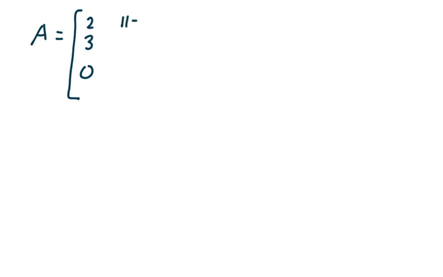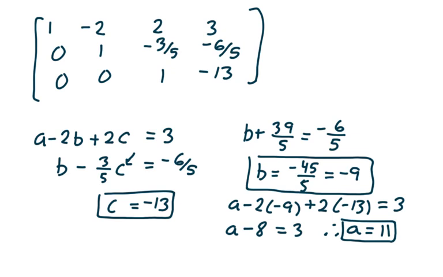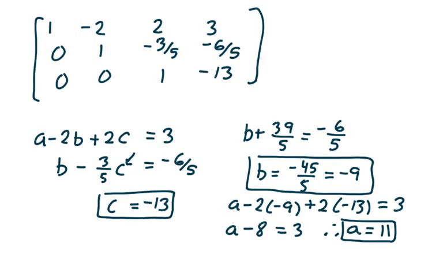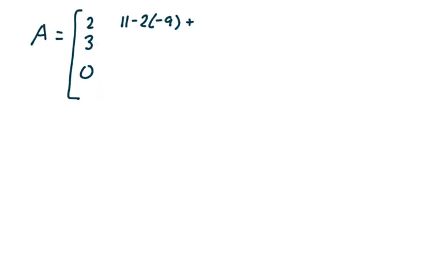A is 11, so we get 11 minus. B is negative 9, so it's 2 times negative 9 plus 3, or actually 2 times negative 13.